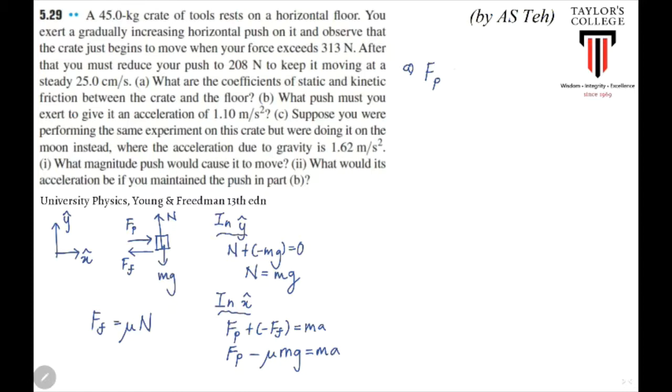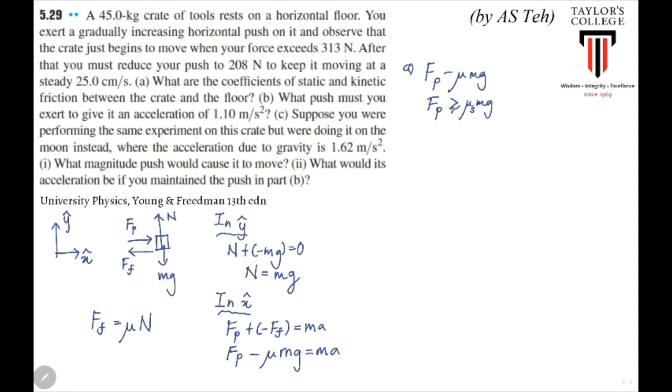So it means that Fp minus mu mg, when there's a net force between these two, the box starts to move. Therefore, if Fp is very close to mu mg, then the box starts to move. And because the box is static, I will write this as mu s.